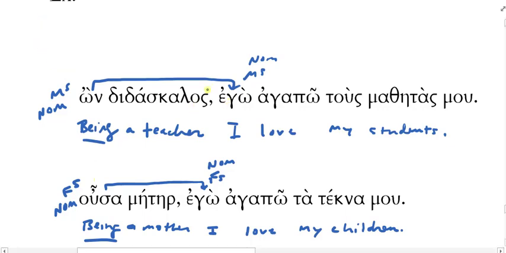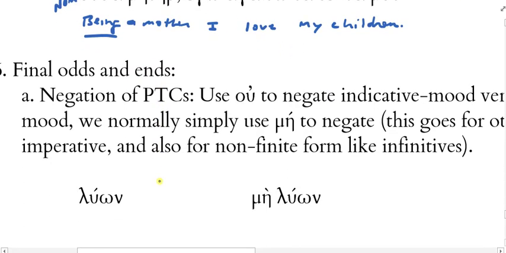Over here, I would have probably used a feminine form of teacher. Okay? So maybe didaskale. Now, but there are some forms that have an identical masculine and feminine form. So then that wouldn't help me at all, right? I wouldn't know for sure, but the participle's gender would. The second one could have only been ousa, right? Since it's a mother, it's a woman. All right. What'd you say?